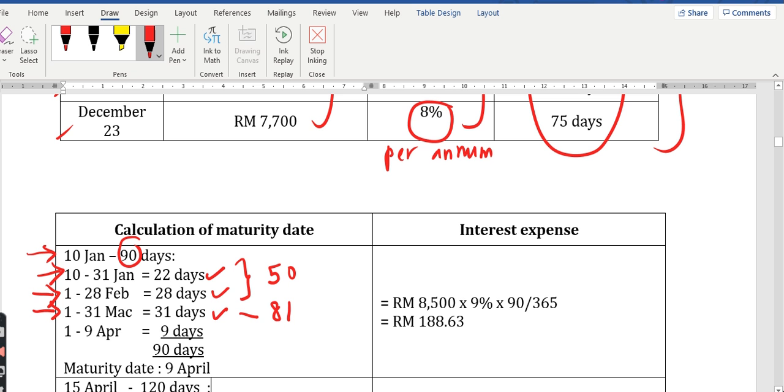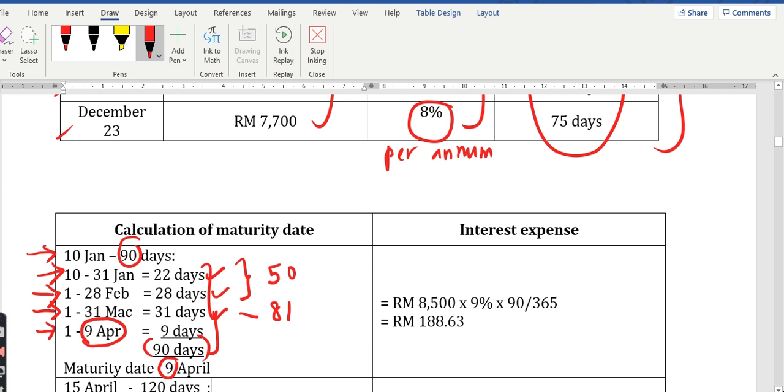So your maturity period is until another 9 days, that is from 1st of April until 9th of April. That concludes the 90 days maturity period. So your maturity date is on the 9th.